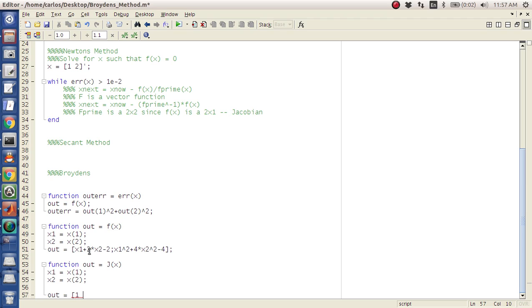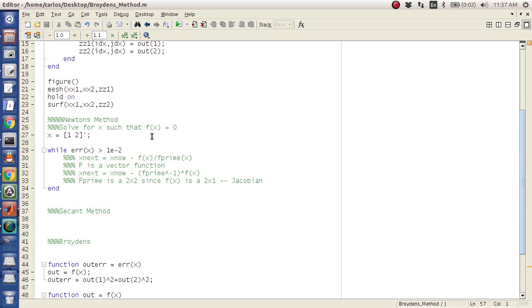Then I take a derivative of this function with respect to x2, and that's going to give me 2. Then I get the second row. The second row is going to be the derivative of this function with respect to x1, so I get 2 times x1. And then I take the derivative of this function with respect to x2, so I get 8 times x2.